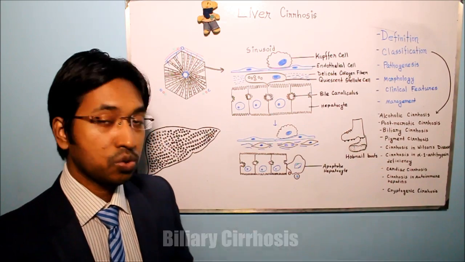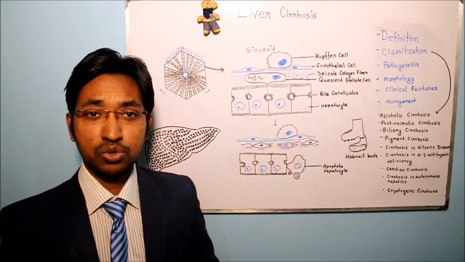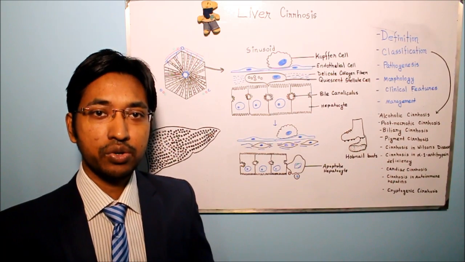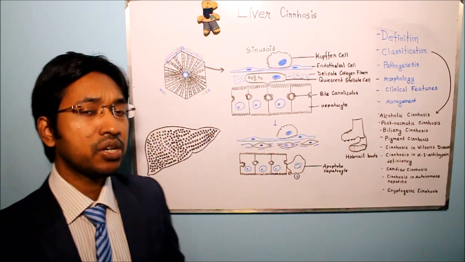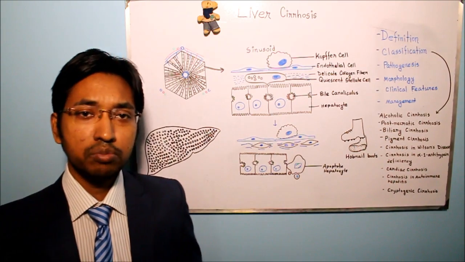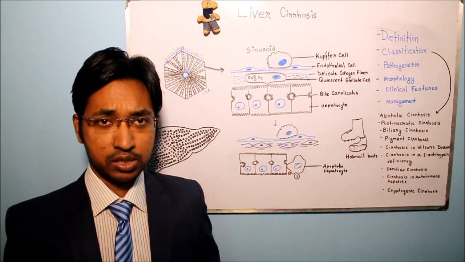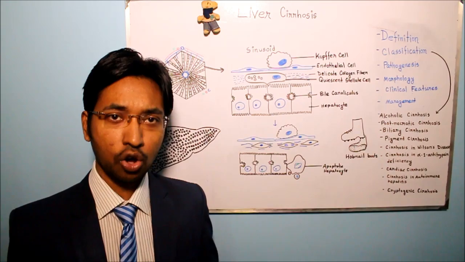Now, biliary cirrhosis can be further classified into primary biliary cirrhosis and secondary biliary cirrhosis. In primary biliary cirrhosis, there will be destruction of intrahepatic bile ducts due to unknown causes.